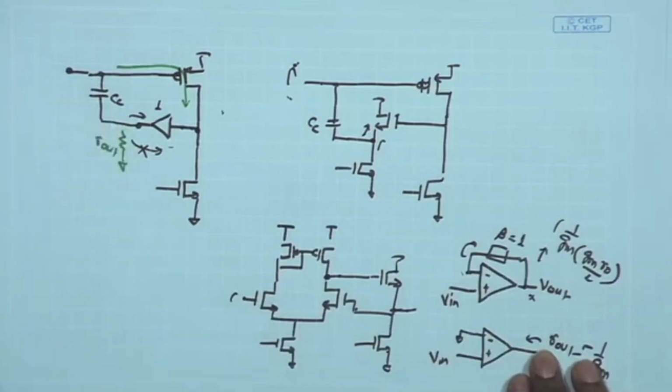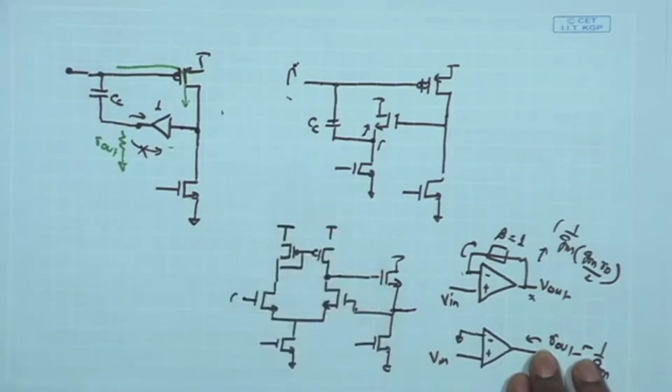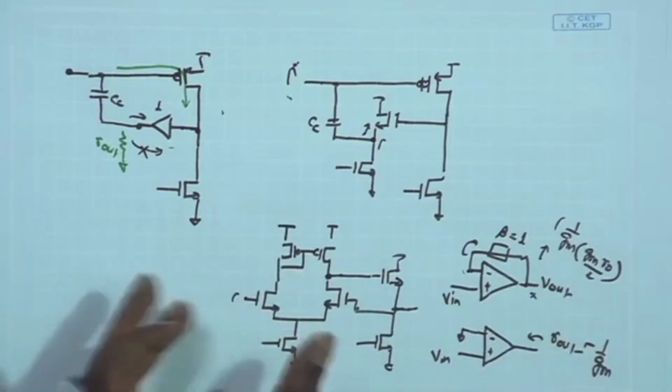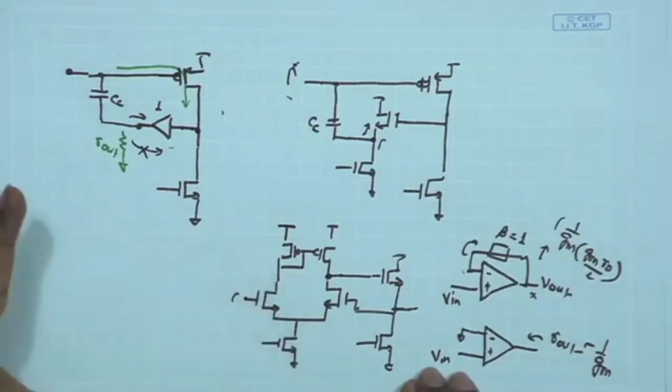So, by this method we will be able to relax the gain requirement of this stage, and therefore, we can trade off with the bandwidth with the similar amount of bias current or maybe a fraction of bias current used for the main amplifier.